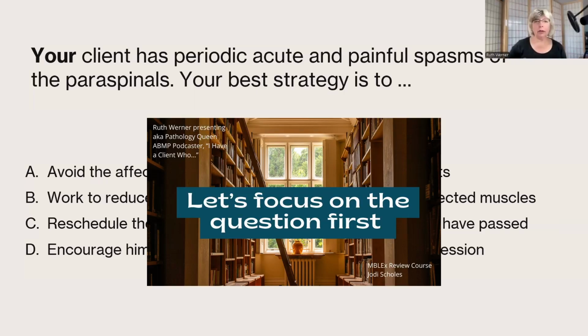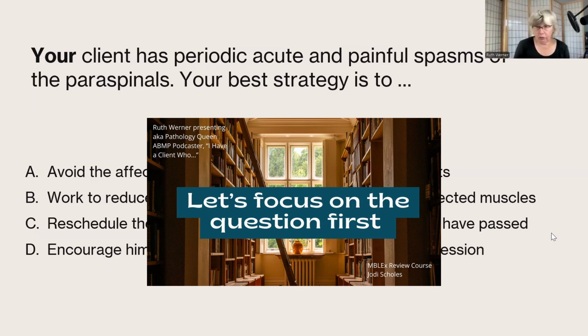I would like you please to not look at the ABCDE yet, if it's not too late, and just look at the stem. Your client has periodic, which means from time to time, acute and painful spasms of the paraspinals, which I'm sure you remember are the muscles that run up on either side of the spine. Your best strategy is, before you look at these distractors, to form in your head what you would do if your client comes in with this.